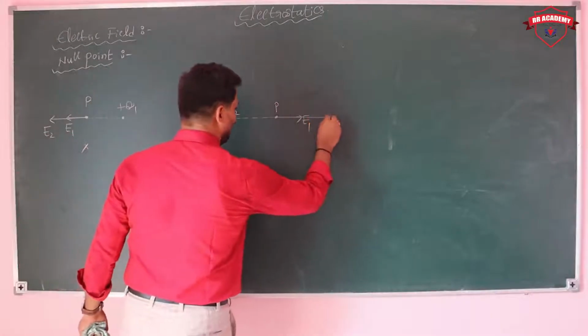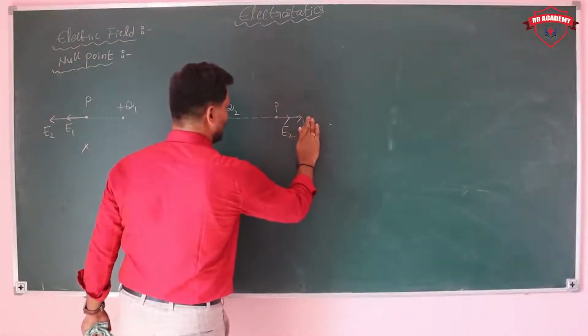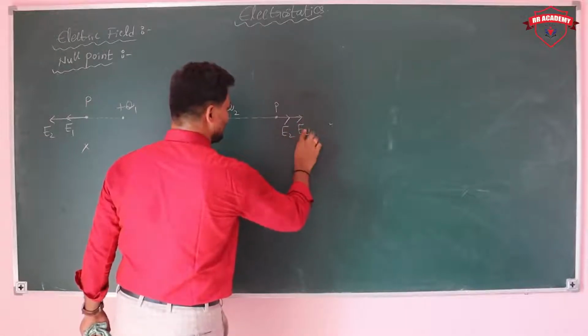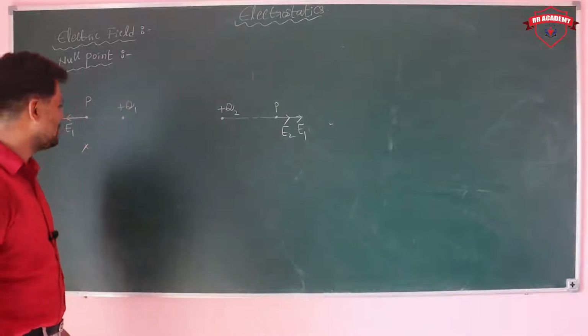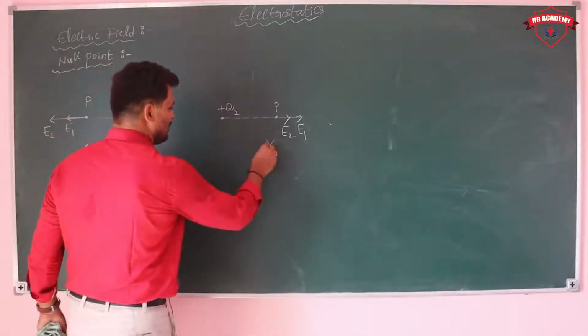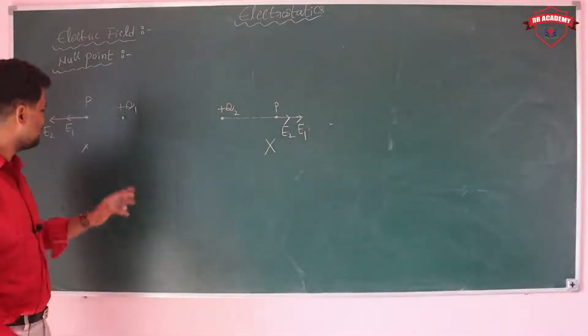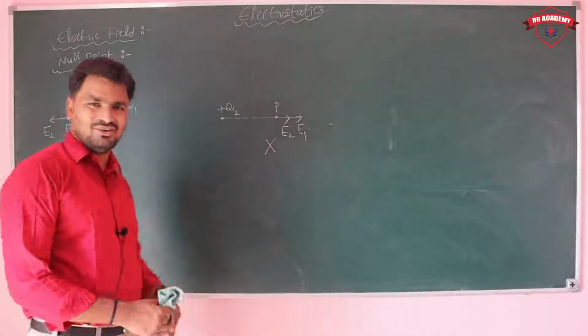Again away from it. So here also E1 and E2 are acting in the same direction. That's why the left side field is not zero, and the right side field is also not zero.